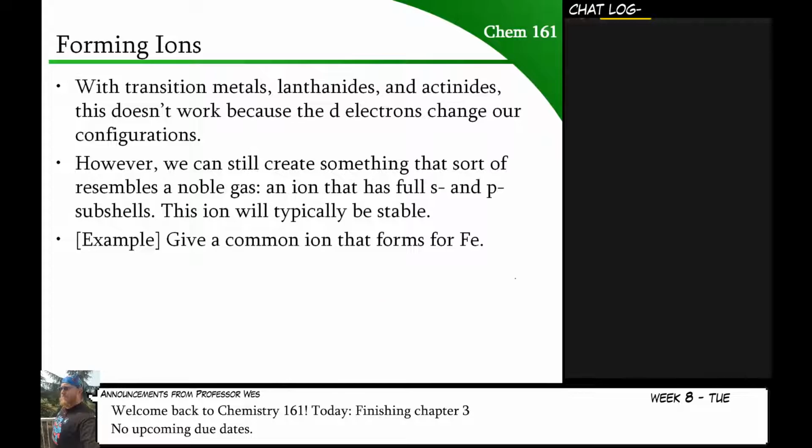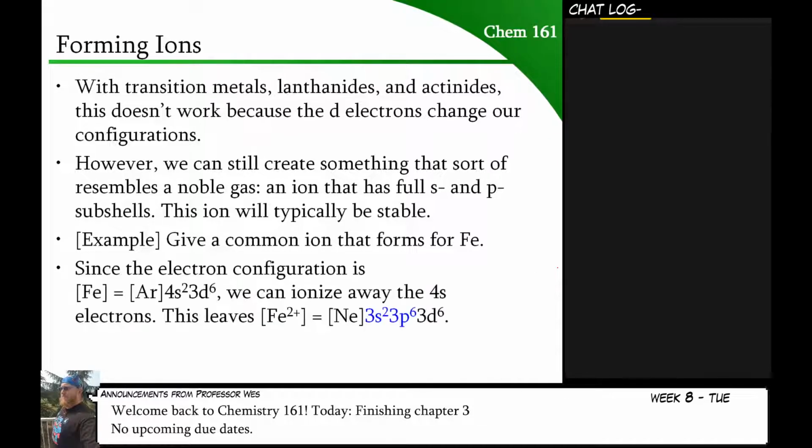Now, as a result, you might be inclined to think, well, wait a second, isn't just 2+ common for all transition metals? And the answer is, yeah, it totally is. You just get rid of the s electrons. And so nearly all of the transition metals will adopt a +2 charge to some extent.